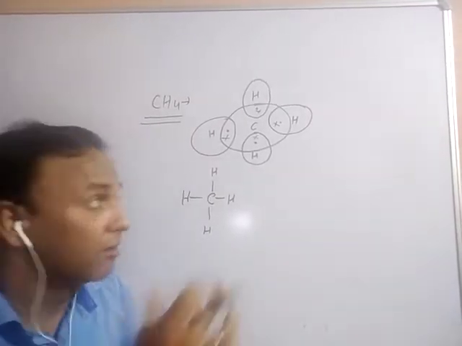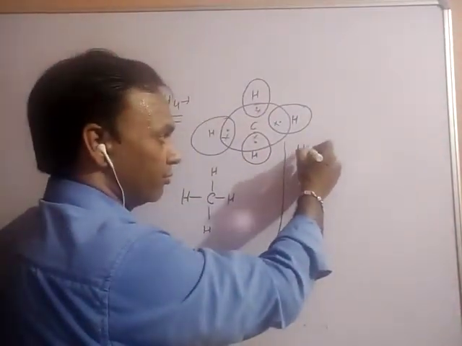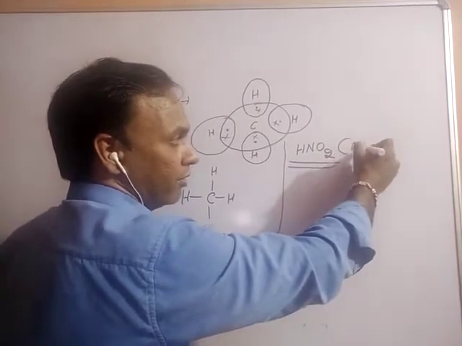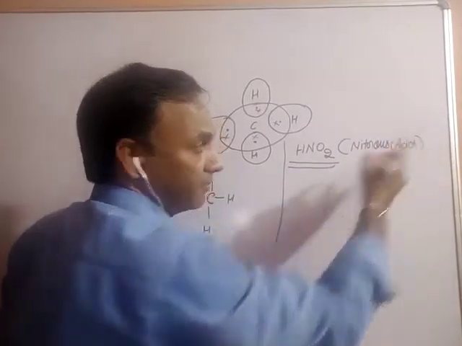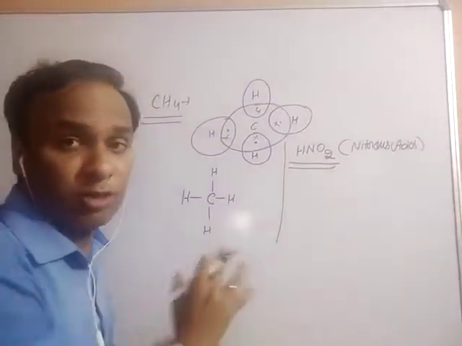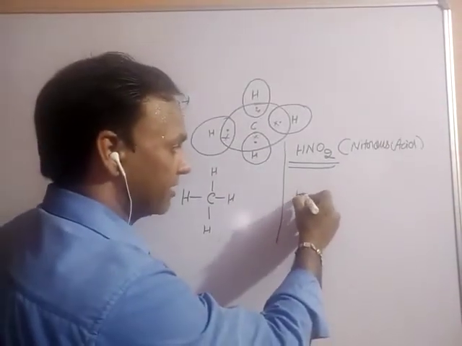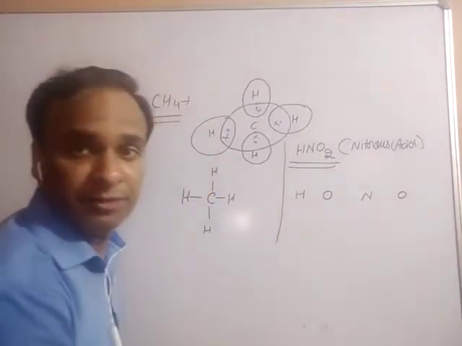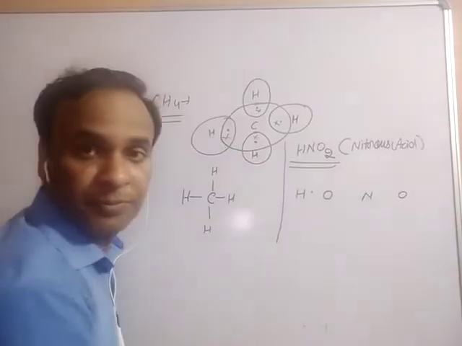And for the next bonding, suppose I have taken the example of HNO2. HNO2 is called nitrous acid. Clear? First of all, hydrogen, nitrogen and oxygen are placed in alternating positions, meaning hydrogen, oxygen, nitrogen and oxygen. Hydrogen has 1 electron in its outermost shell.